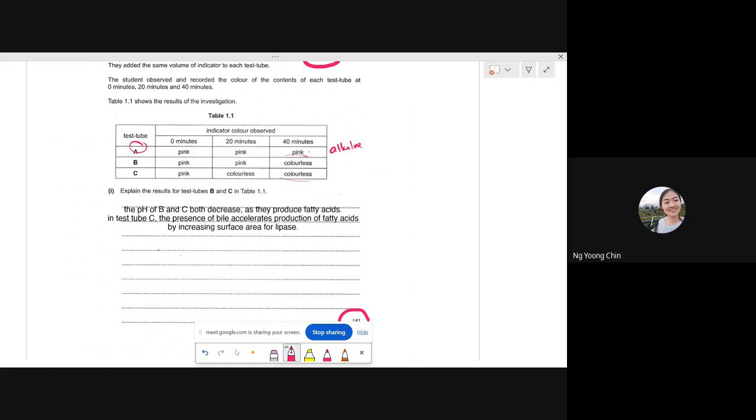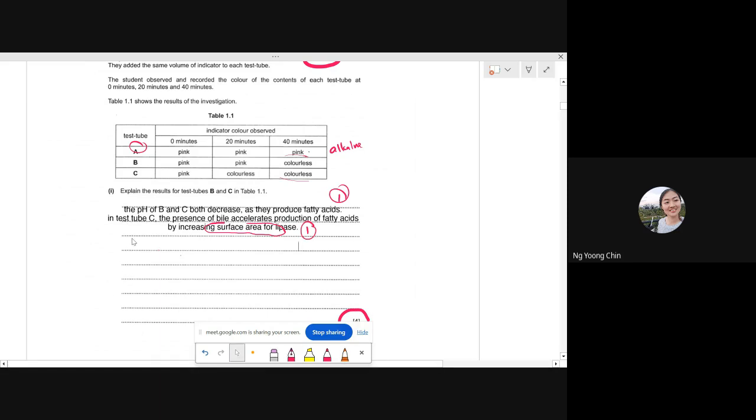This is correct. I can give you 1 mark. And then in test tube C, the presence of bile accelerates the production of fatty acid by increasing the surface area. Increasing surface area for bile is not wrong, it's correct. Maybe I can give 1 mark. So there's 2 marks out of 4 marks.